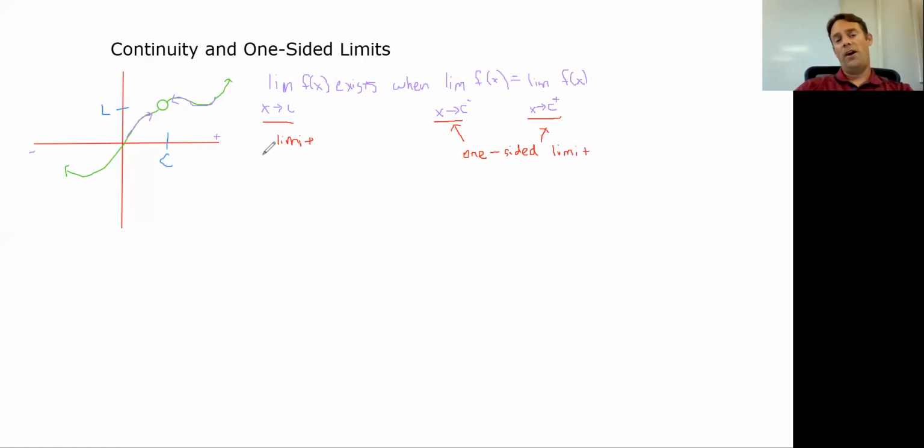So if a graph just says limit, then that means it has to approach the same value from both sides. But if it has either this little negative or this little positive, that would be a one-sided limit. So approaches from the negative side or the left side, approaches from the positive infinity side or the right side. And I'm going to write f of x on here because that bugs me.